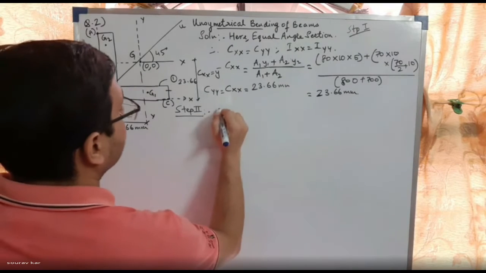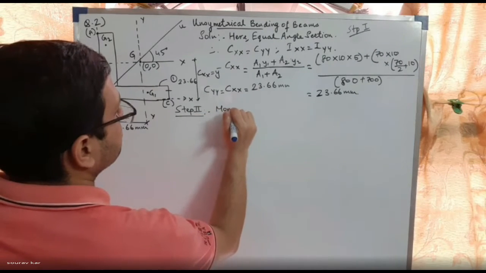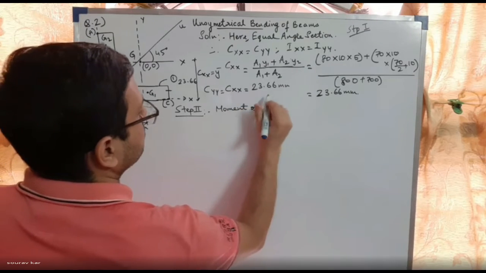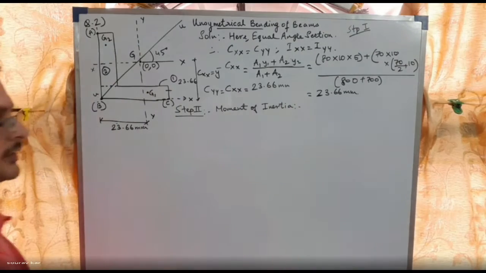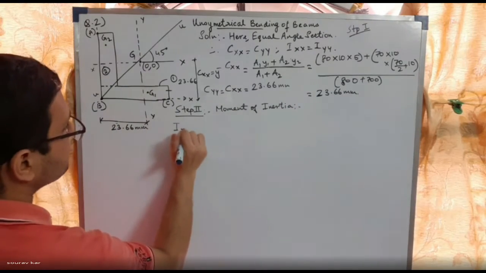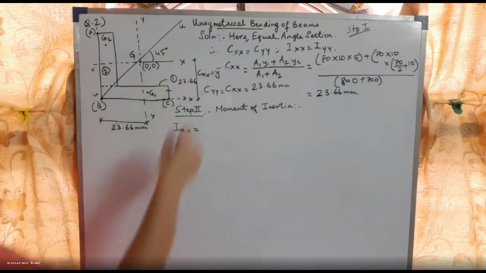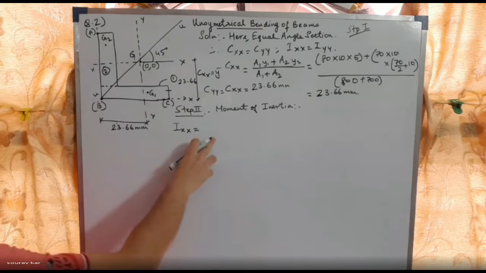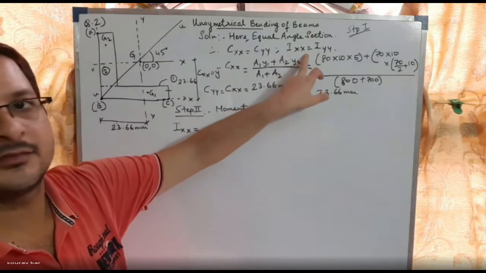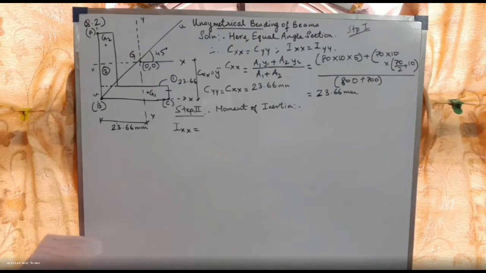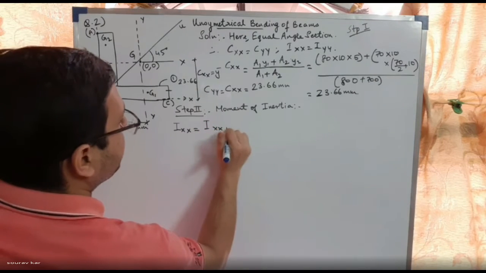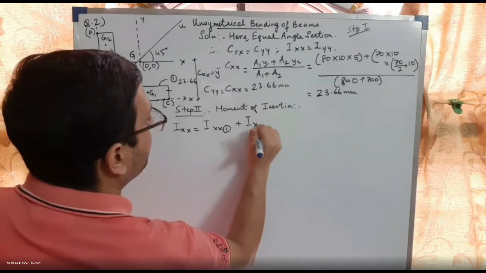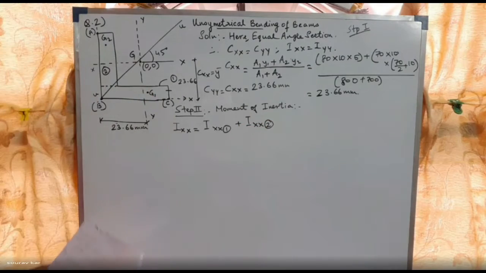For step 2, we have to find out the moment of inertia. Let us find IXX, then we will be able to find the rest. For an equal angle section, IXX will be equal to IYY. Let us find the moment of inertia using the parallel axis theorem. Moment of inertia of body 1 plus moment of inertia of body 2, because there are two bodies.